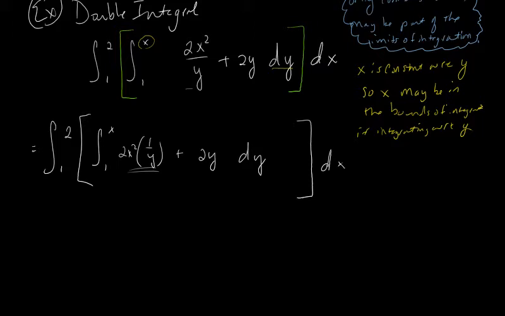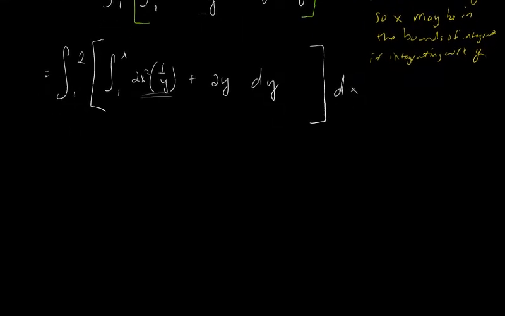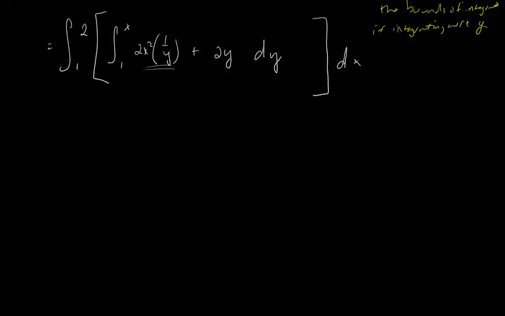So what is the antiderivative of 1 over y? Well, that's going to be ln of the absolute value of y. So this becomes the integral from 1 to 2 of our bigger integral. Now we're integrating, so I've got 2x squared times ln of the absolute value of y. That's the antiderivative of 1 over y. And then I need the antiderivative of 2y. That's going to be, add 1 to the exponent and divide, y squared.